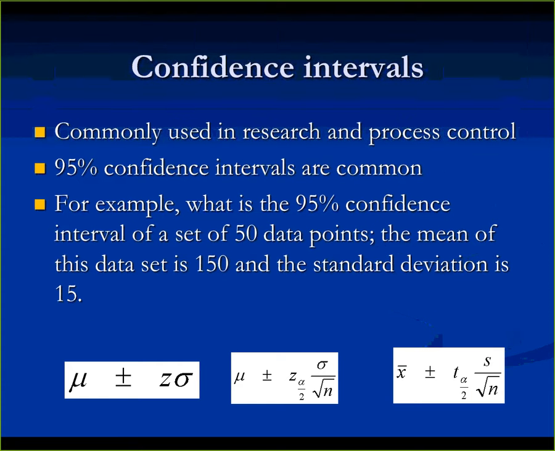One of the ways that you might encounter sample type questions with statistics on a PE is with confidence intervals. These are used a lot in research and process control. 95% confidence intervals are really the most commonly used in this way, and so there might, for example, be a question to say what is the 95% confidence interval of a set of 50 data points.